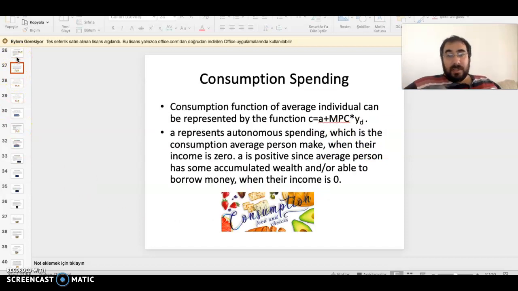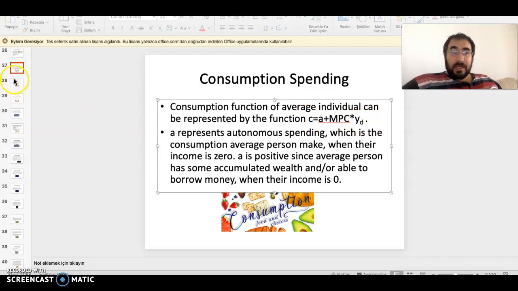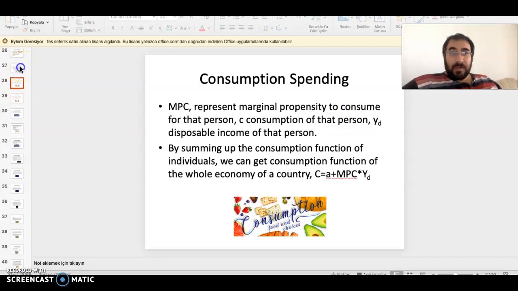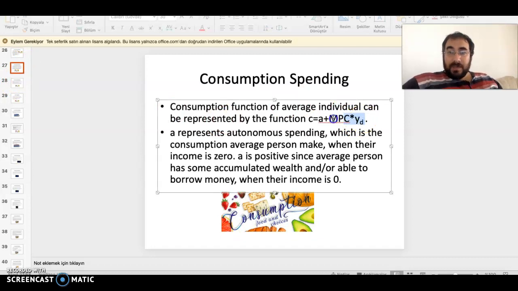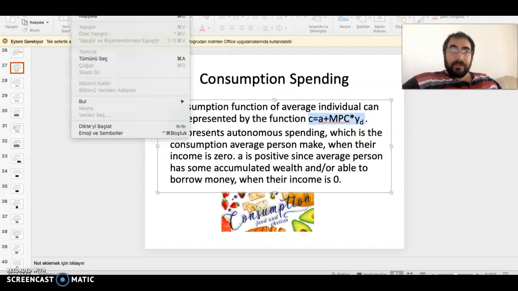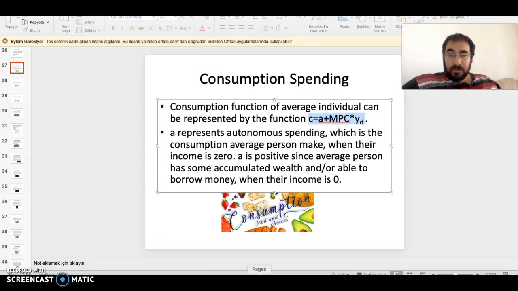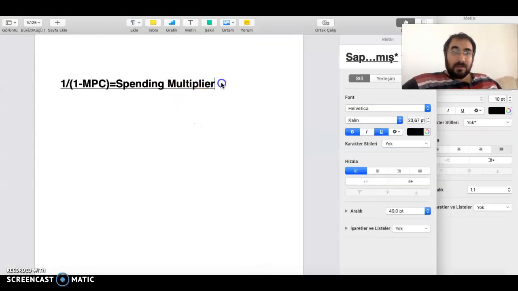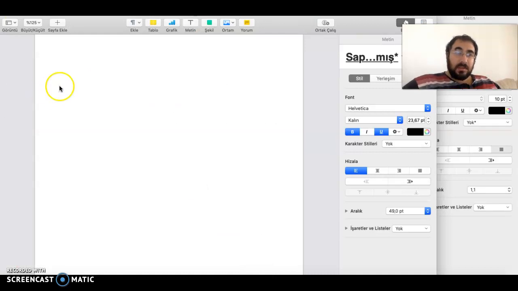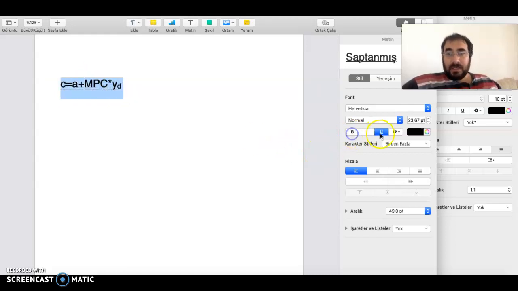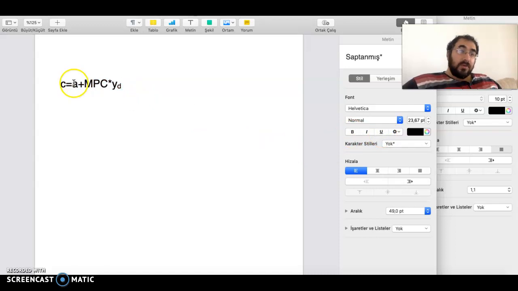So let's go further. This is our consumption function. This is for individuals. We will also create the same function for the whole economy. So, this is C, the total consumption level.